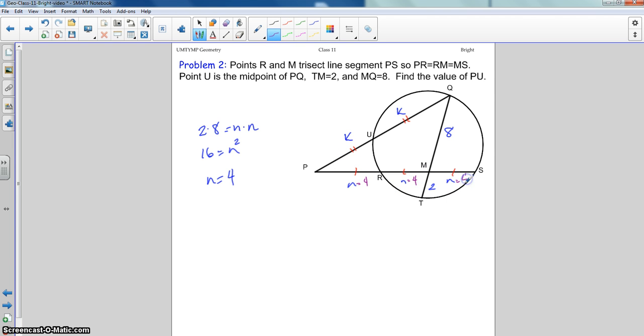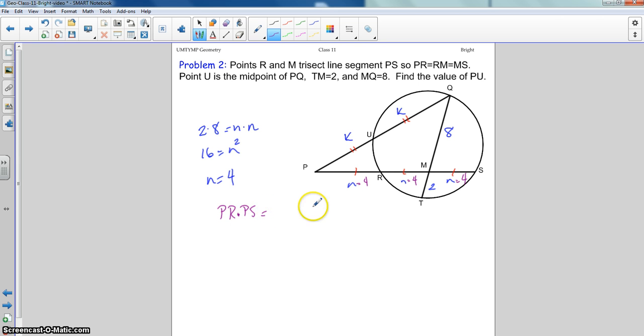Now remember, my ultimate goal is to determine the value of K. So what am I going to do? Power of a point theorem again. I'm going to set up PR times PS.